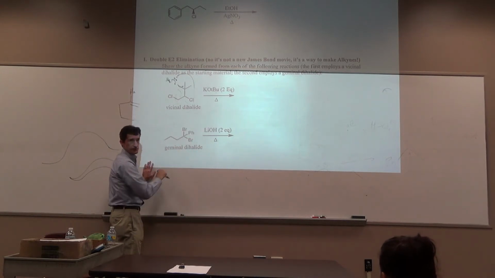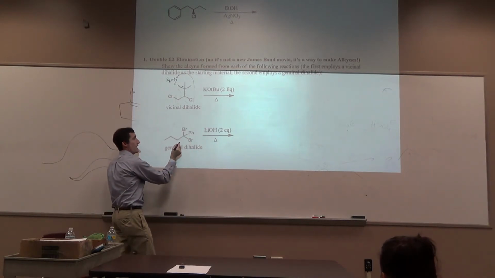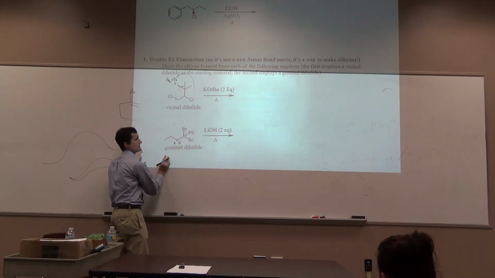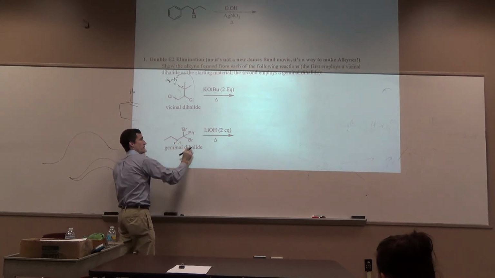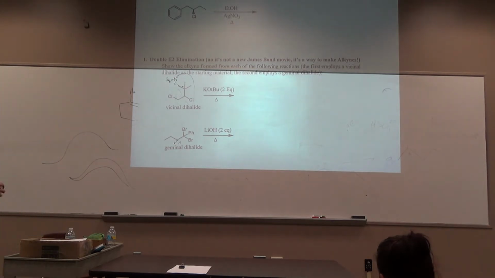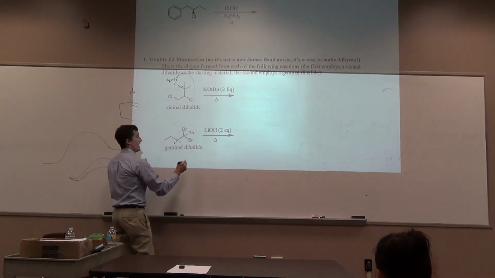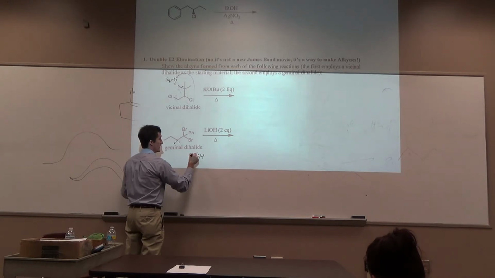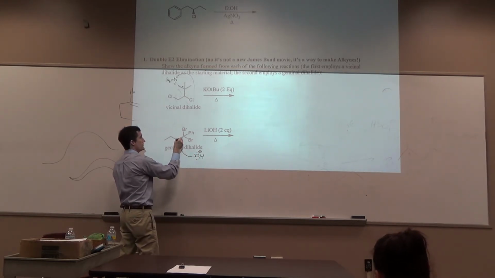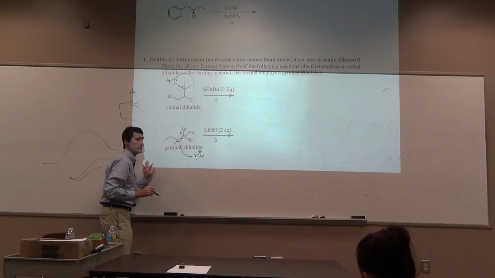Let's do this one down here first. Benzene green, there's no beta hydrogen there. We draw it out, there's no beta hydrogen, but we got two beta hydrogens here. If you react this with two equivalents of a strong base, you can do a double E2 elimination. Hydroxide takes an H, electrons move in, you kick off the leaving group.